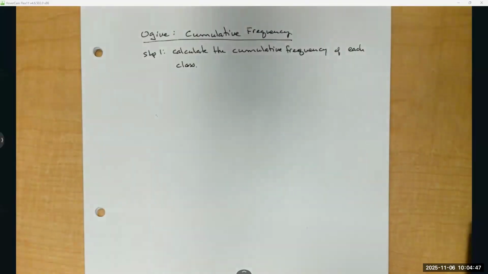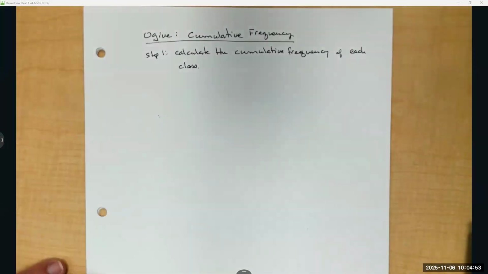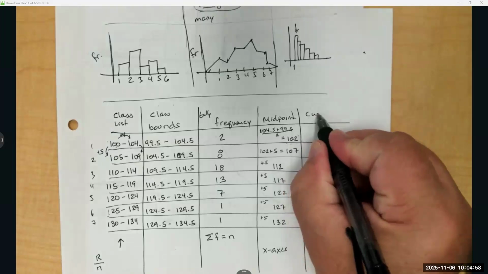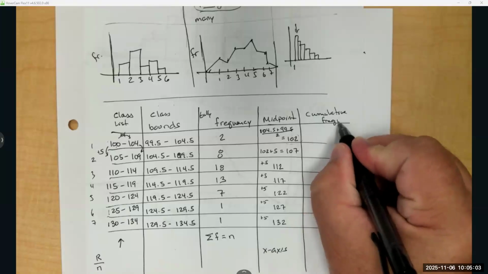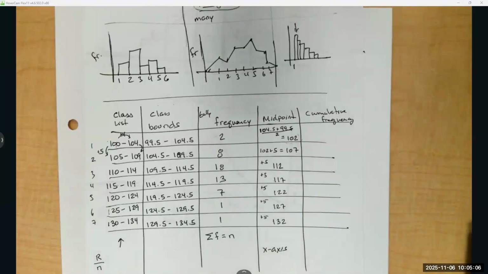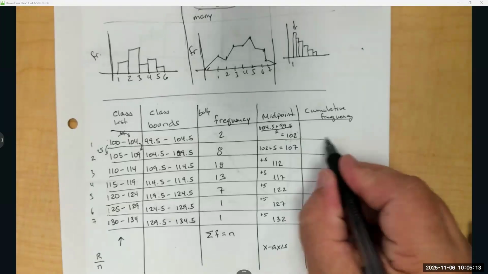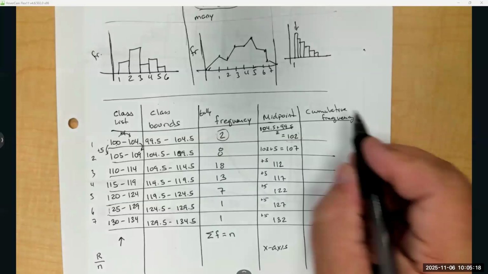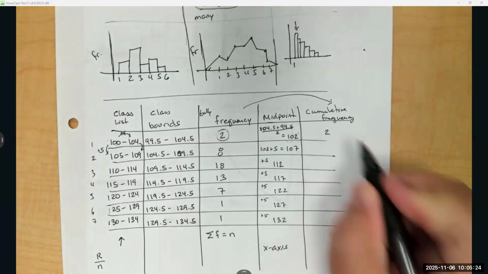Remember, the cumulative frequency is simply a running total. So what's the first number in my running total? Yeah, it's this one, 2. We're only looking at the frequency column. So this one's 2. What's the next one?